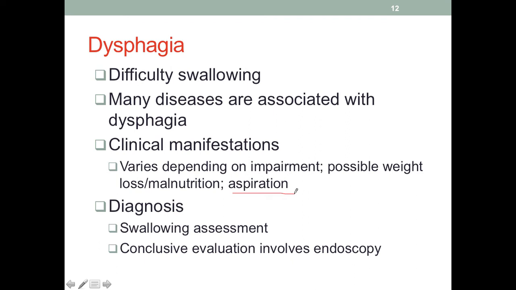Also, some of these patients may not have a cough reflex due to their condition, and this type of pneumonia can be fatal. To diagnose dysphagia, we need help from SLP, the speech language pathologist.